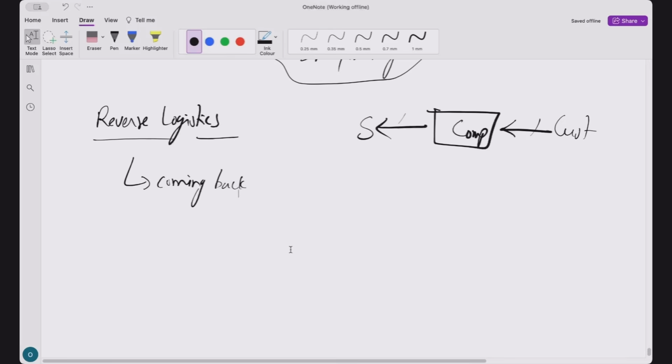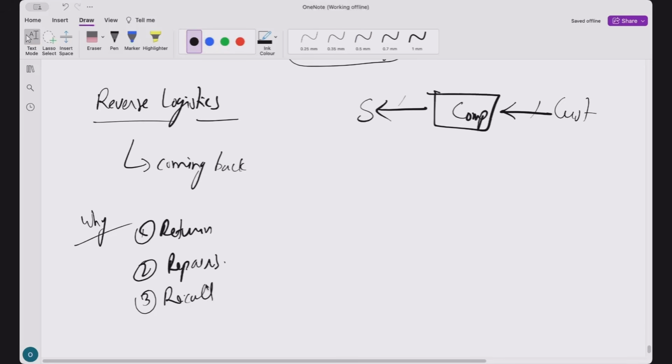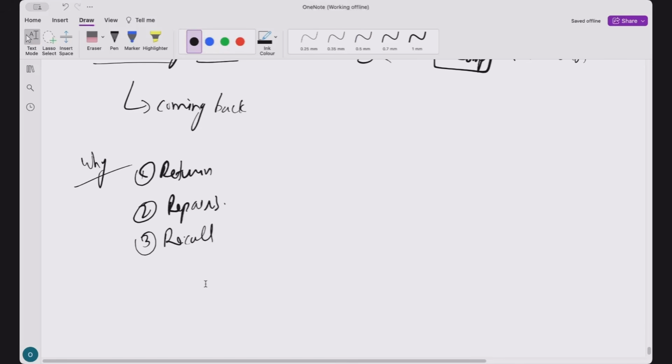Why do products come back? First, it may be a return: the customer doesn't want it, a wrong item was delivered, or it doesn't meet expectations. Then it can be repairs: the product is under warranty or needs servicing. Third is recall: a safety issue is found and the company recalls the product.